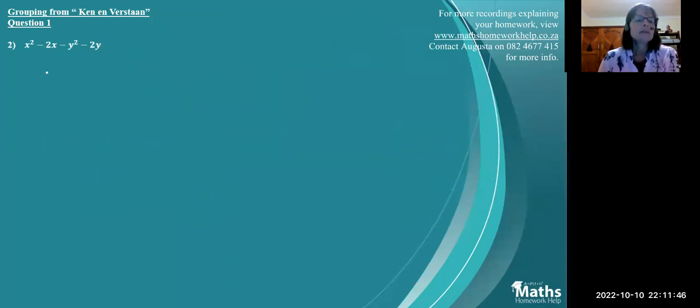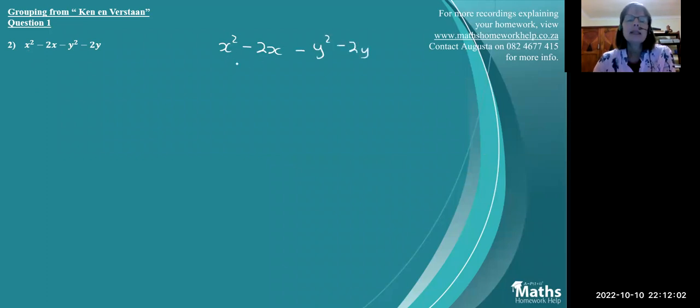The next one, let's see. You might be tempted to take out an x if you look at this and say, I can take out an x because the x there is common. But if you take out an x there and an x there, it means there will be an x that will remain and a 2.